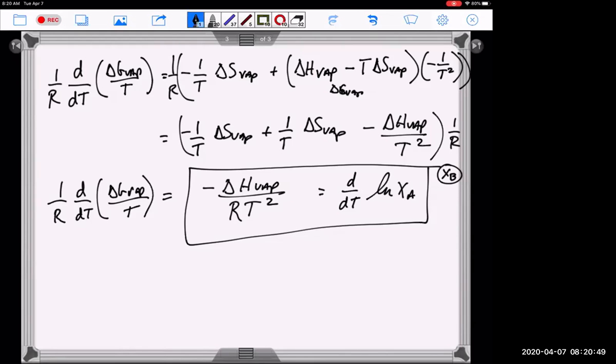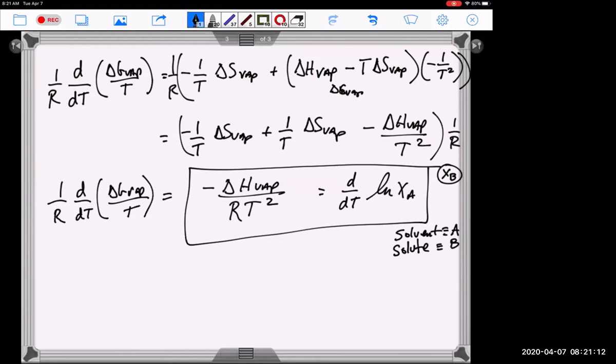So remember, this is what we're looking for: how does the boiling point or freezing point change when we add some solute B to the solvent A.